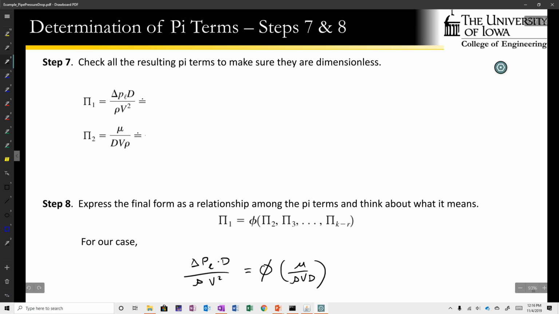So we often just replace it with rho v d over mu, so that we've got a more familiar variable in place. And now we pick up where we left off on Friday.